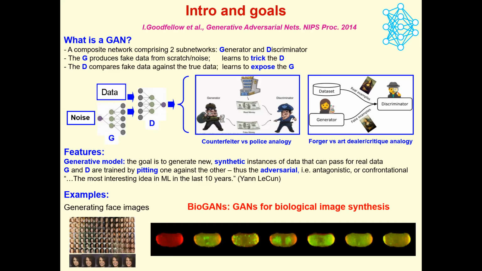And the second feature is that the generator and discriminator are trained by pitting one against the other. Thus the term adversarial, which means antagonistic or confrontational. And the development of GAN was the most interesting idea in machine learning in the last 10 years, according to Yann LeCun, one of the leading authorities in deep learning.